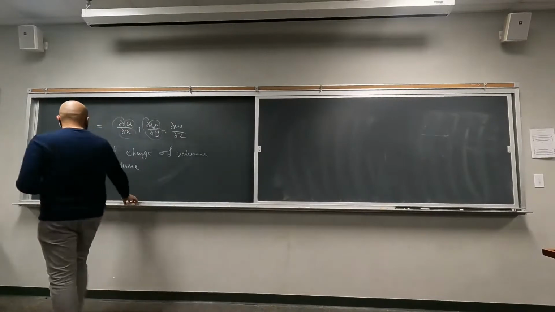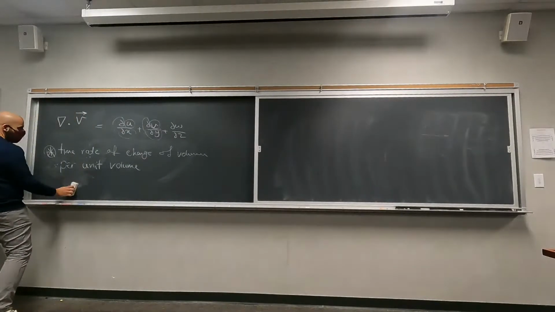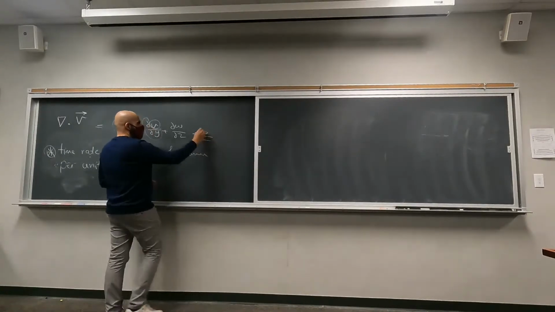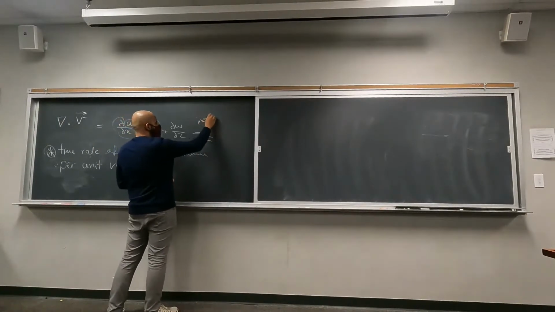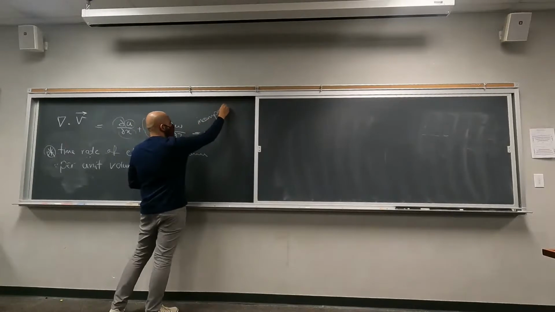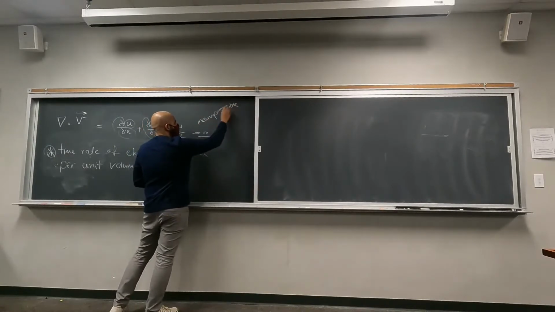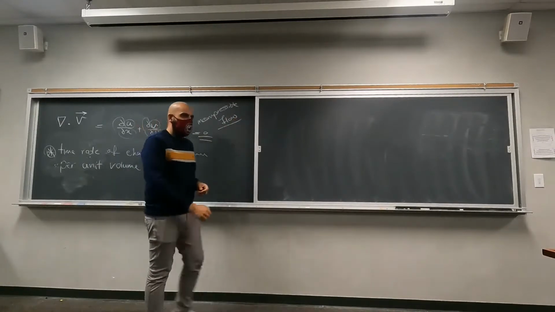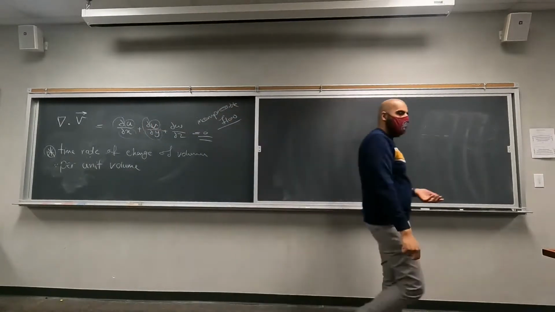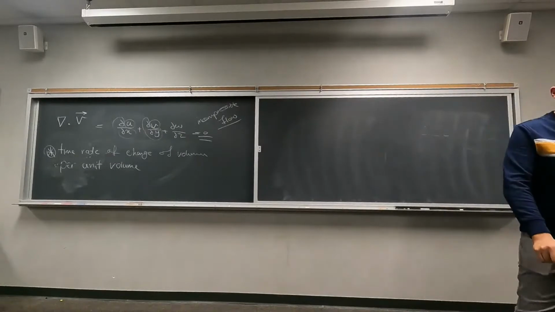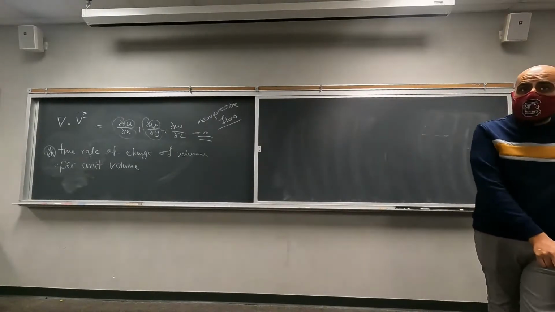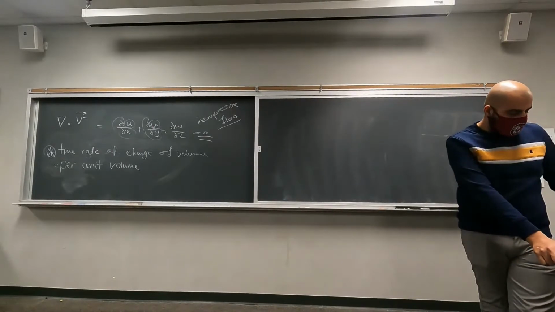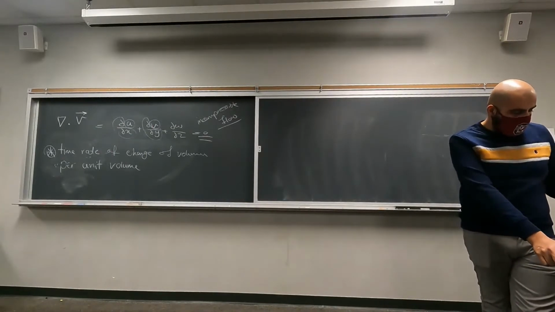To compensate for those changes in the other direction. So for an incompressible flow, this has to be 0. Which is a type of flow we are going to see in low speed flights that have Mach number of less than 0.3. Any questions here?